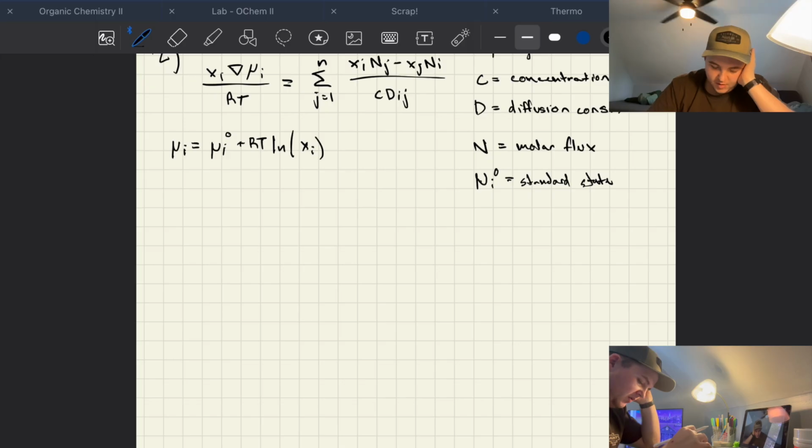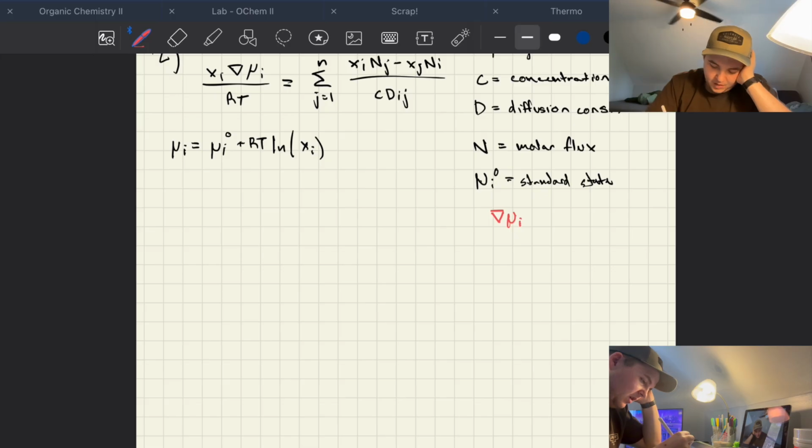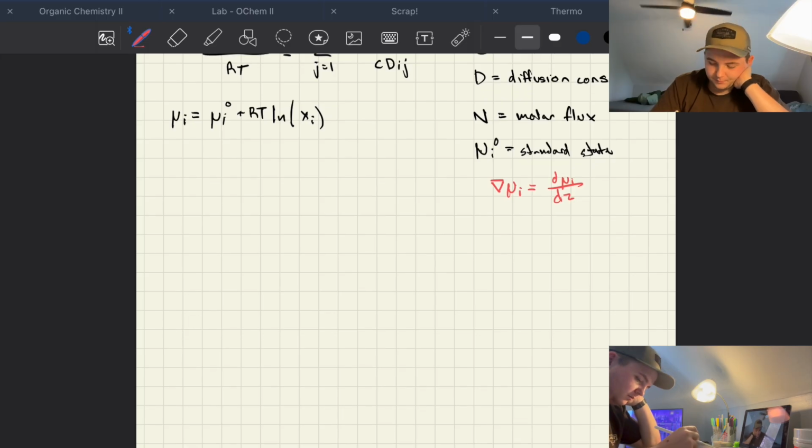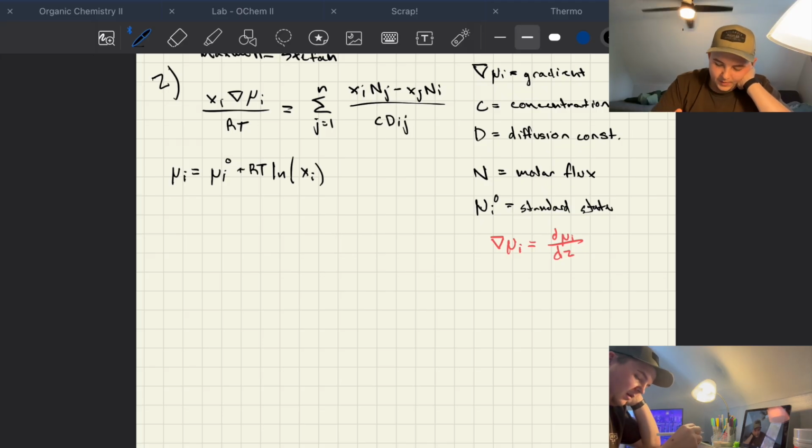So we're just going to start with our Maxwell-Stefan equation. But first we need to remember in previous videos we've done that our gradient of mu_i is equal to our derivative of mu_i over dz, our length. So now all we have to do is use this and plug in our standard state.